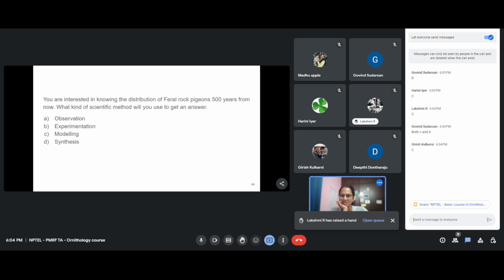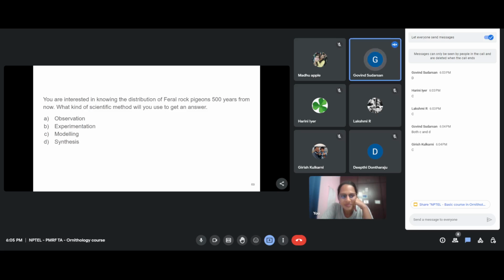Well, sure, but I think it's more of current inferences for synthesis. Well, we need to perform synthesis. Hey, Govind, I can't hear you clearly, man.